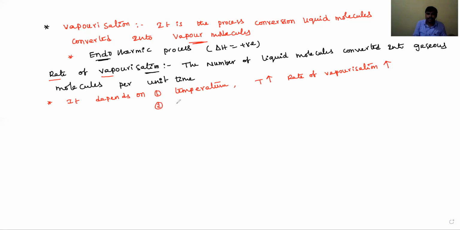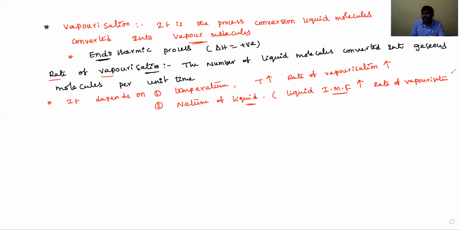The second one is the nature of the liquid, or nature of solute or solvent. If the intermolecular forces, IMF, of the liquid increase, then the rate of vaporization decreases.